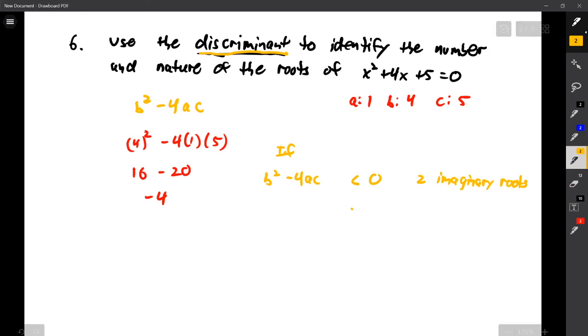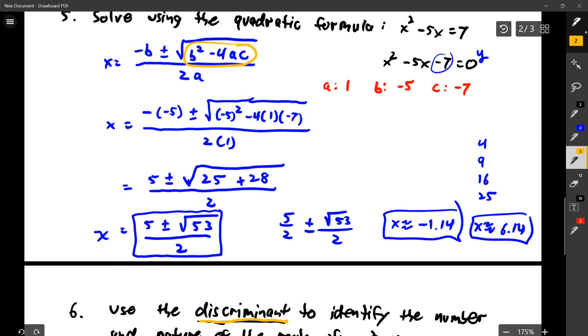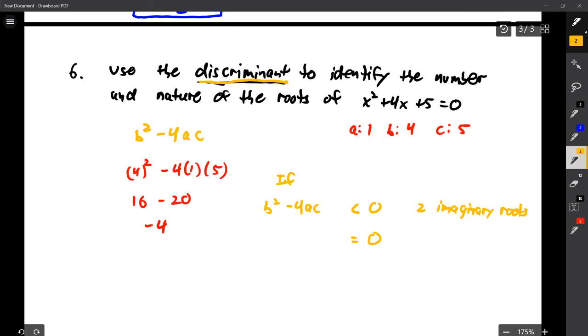If b squared minus 4ac equals 0, back up to my formula again. What's inside the square root is 0, so we have negative b plus 0 and negative b minus 0, which are both the same thing. So that gives us one real double root.